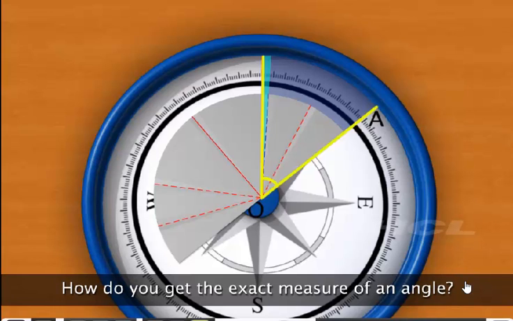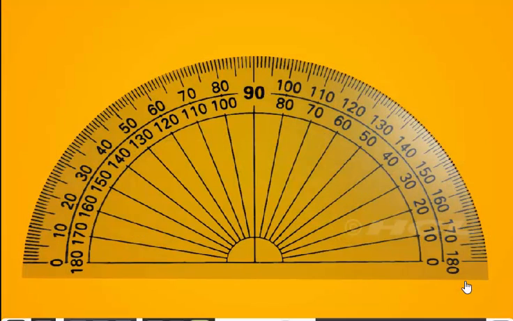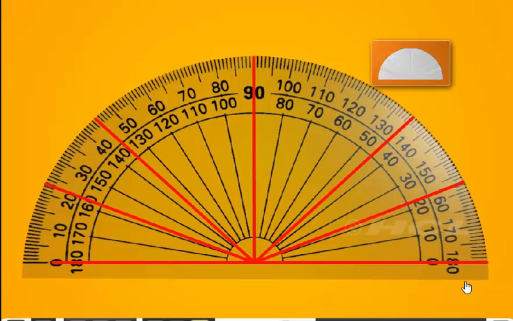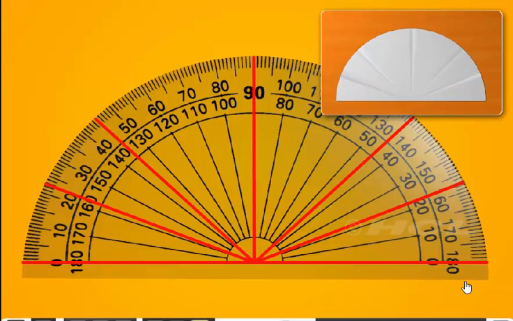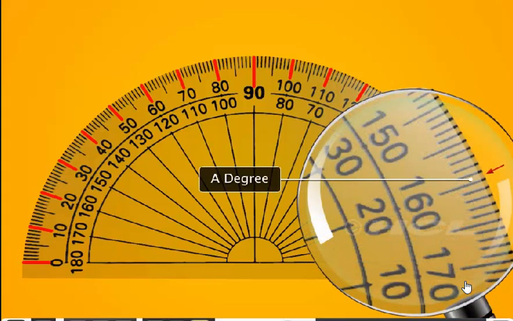So, how do you get the exact measure? Here is where your ready-made protractor can help you. Let's examine this protractor. Unlike the 6 divisions on your handmade protractor, this protractor has 180 equal parts, each representing a degree.